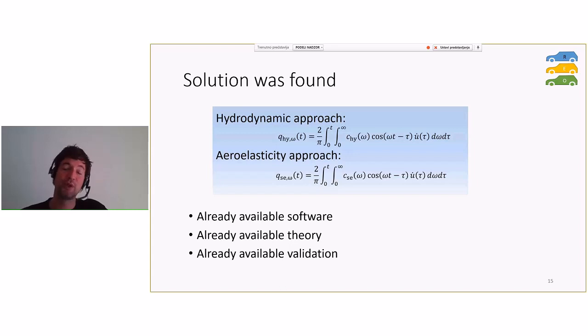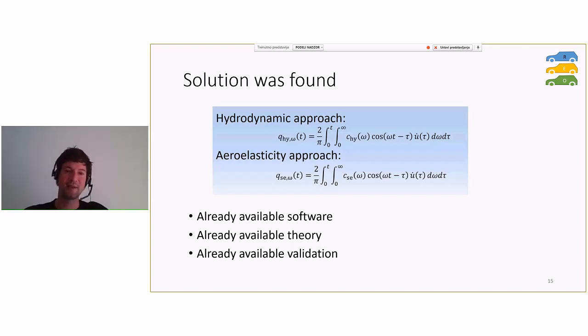So what we had to do in order to get to those equations is pretty much rewrite the whole theory and make it in a suitable format. But the good thing for you is you don't have to do that. You don't have to go through the whole theory. You can simply use the same functionality and apply the aerodynamic damping, and you'll be able to mimic those forces.